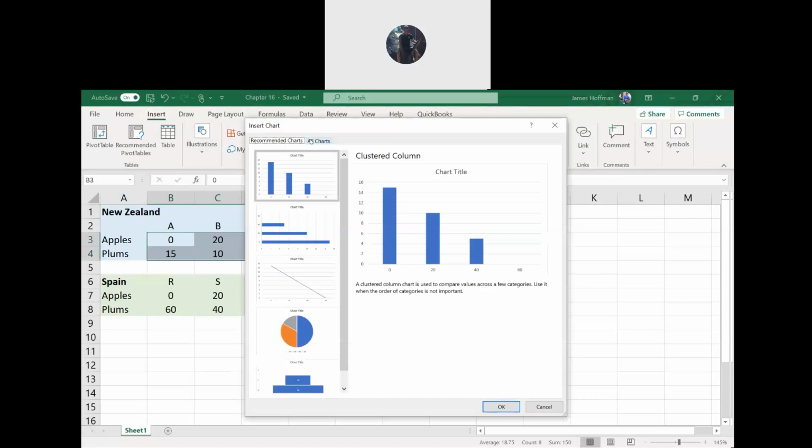Okay, so if I do insert, well, they don't have the one I want recommended.